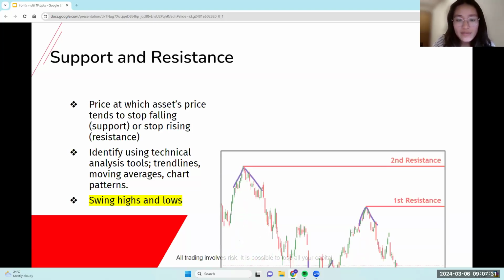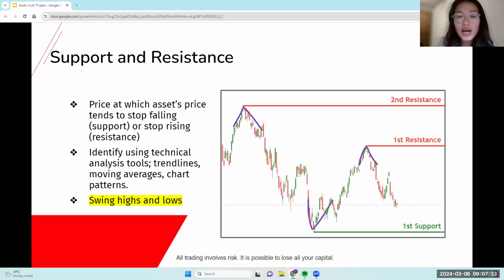Okay, so I've added an image here for you to see how we can use swing highs and lows as resistance and support levels. You want to take note of how there are clear peaks and troughs in the market structure, in order for them to be used as support and resistance levels.